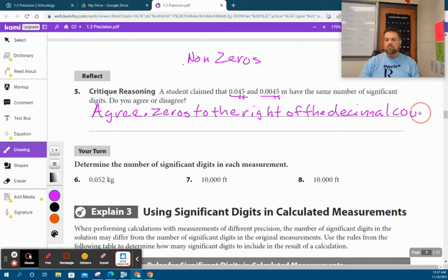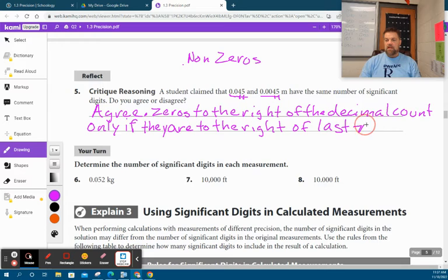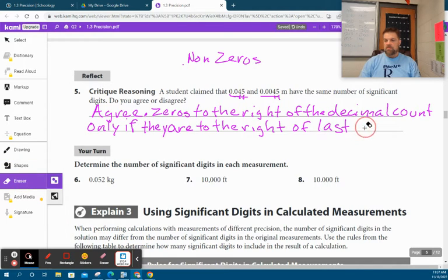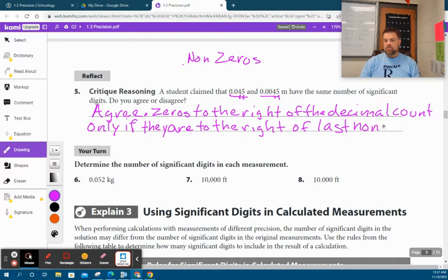Decimal zeros count only if they are either to the right of the last non-zero or if they're wedged between non-zeros. Or we'll say sig figs.